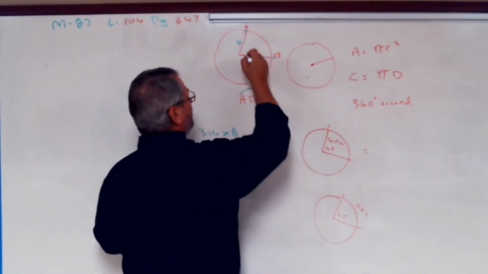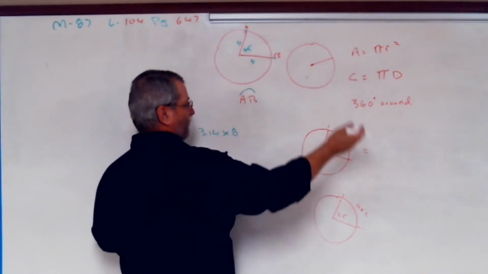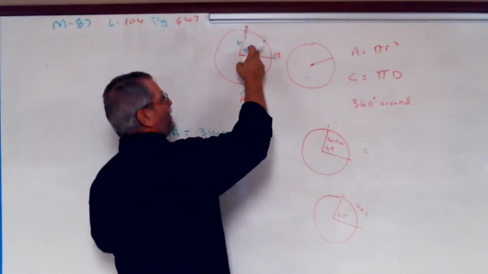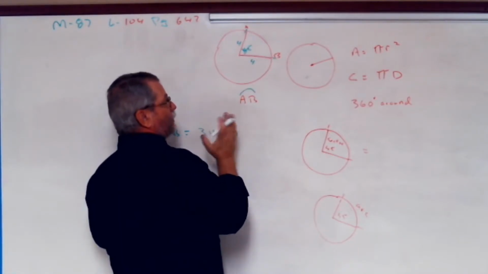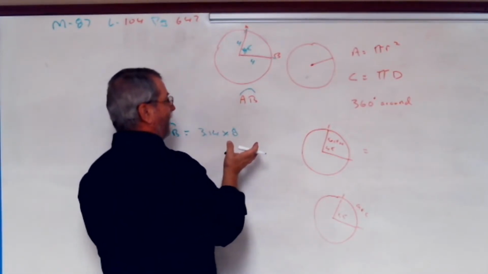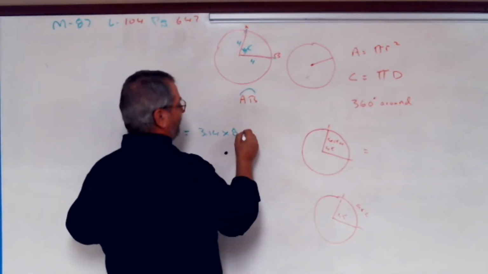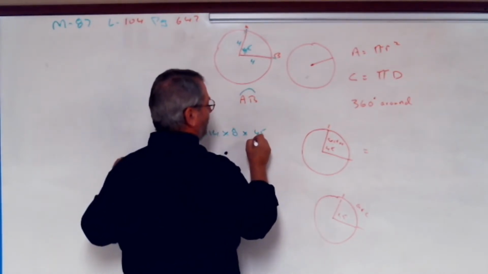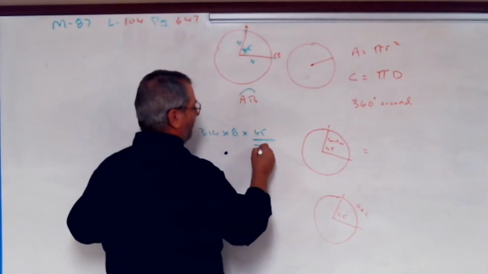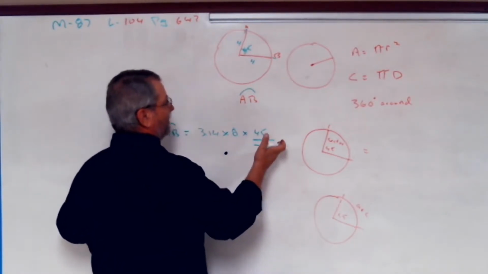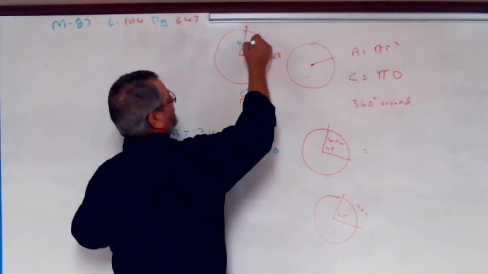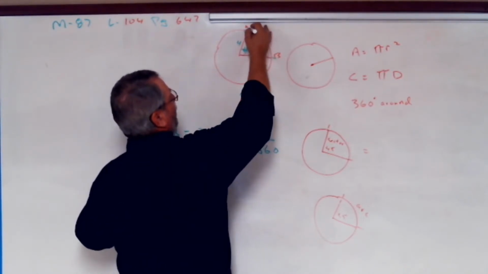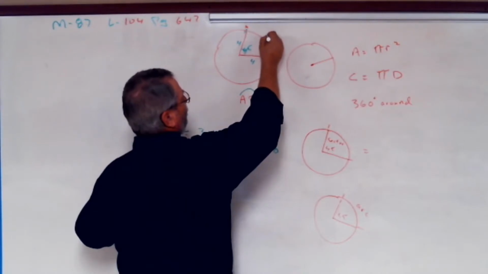Okay, if this is a 45 degree, right down here, if this is 45 degree, this distance right here, that arc, the degree measure of that angle, all I want is 45 degrees out of the entire circle, which is 360 degrees around. I only want 45 degrees. If this is 45 here, the degree measure out here is 45 degrees.